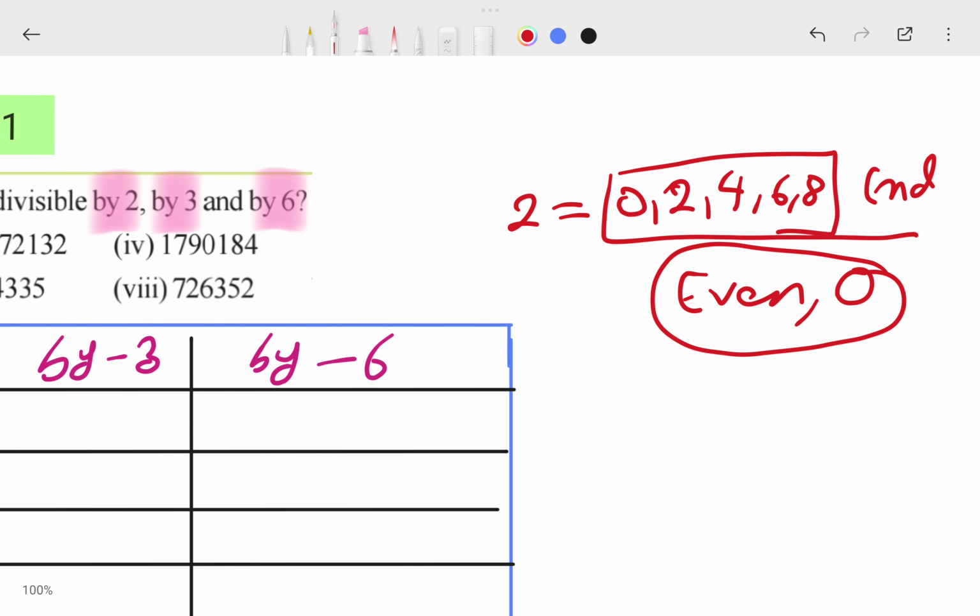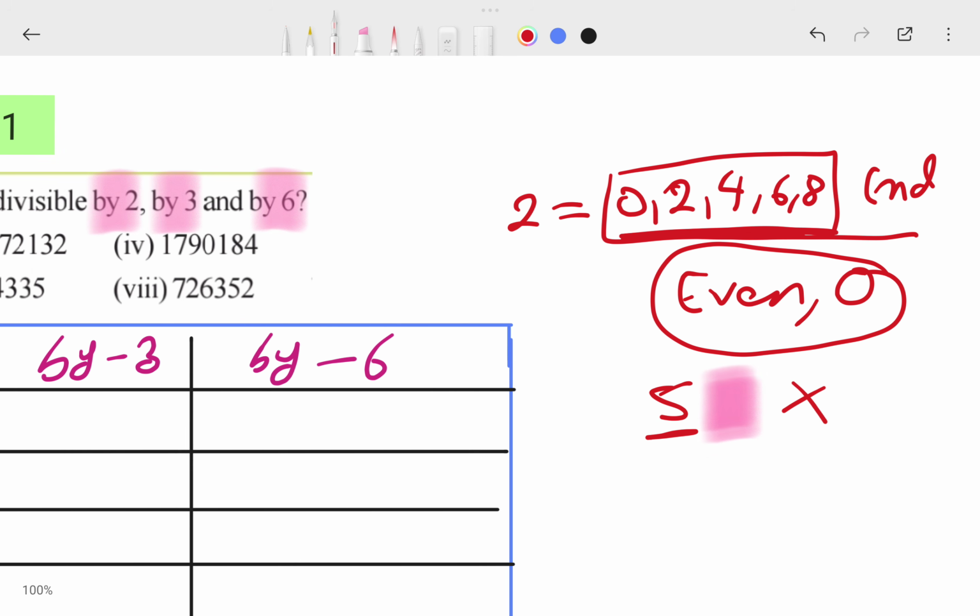You can remember it like that: if the last digit is 0, 2, 4, 6 or 8, the number is divisible by 2. Let's say this is 5. Is any of those digits at the end? No. So it is not divisible by 2.